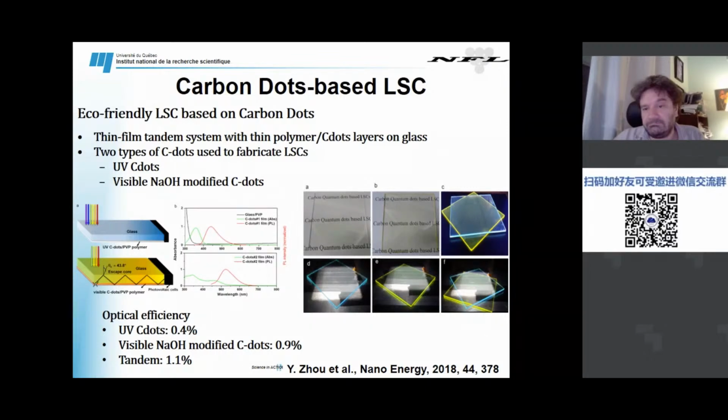They are made of earth-abundant materials, mostly carbon, with a little bit of hydrogen, oxygen, and nitrogen, which are the most abundant elements on the planet. And we still obtain fairly good overall efficiencies for these luminescent solar concentrators.